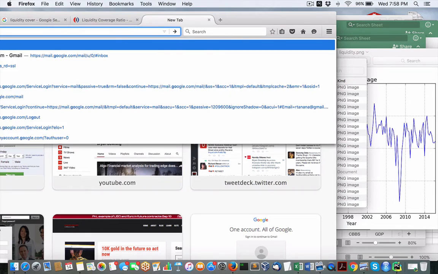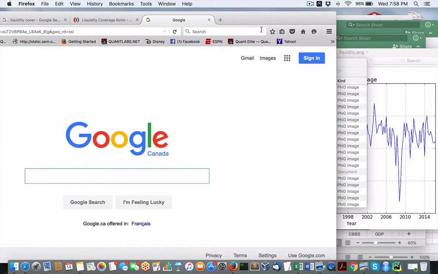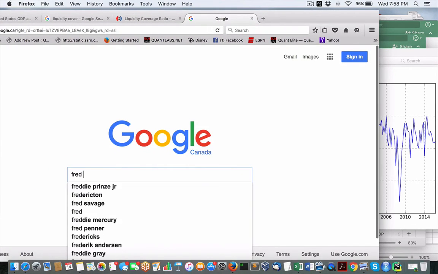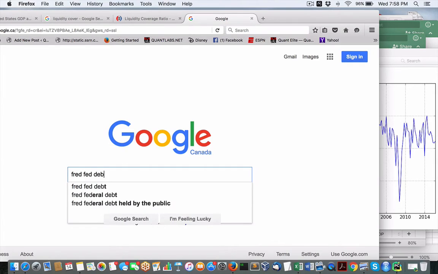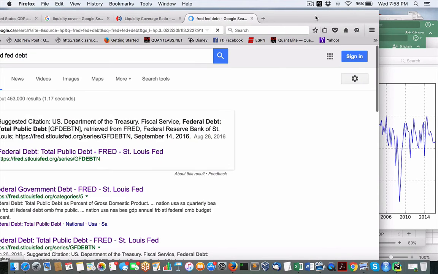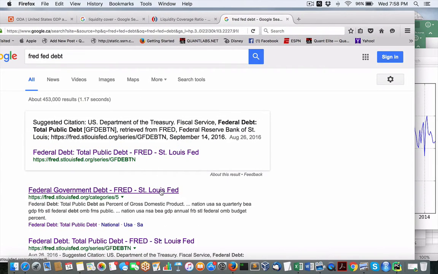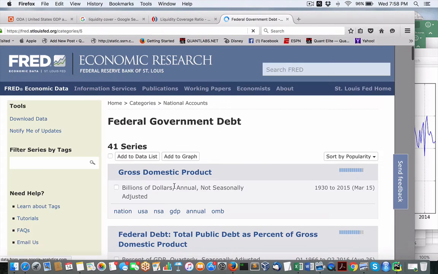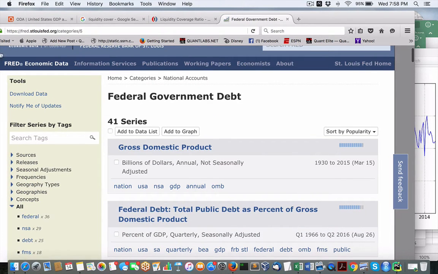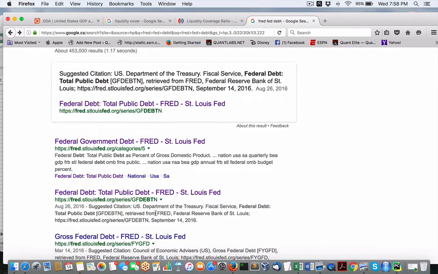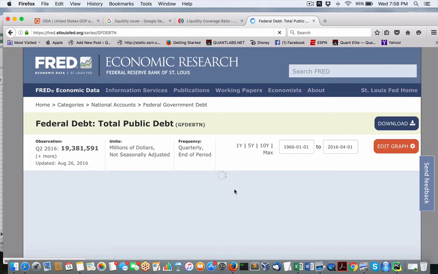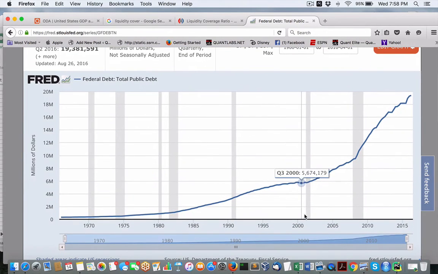Okay, so if I do a Google search for Fed, GDP, no, we want debt. Okay, so what we're going to do is look for the debt of the US government. Maybe total public debt. So here's a chart.